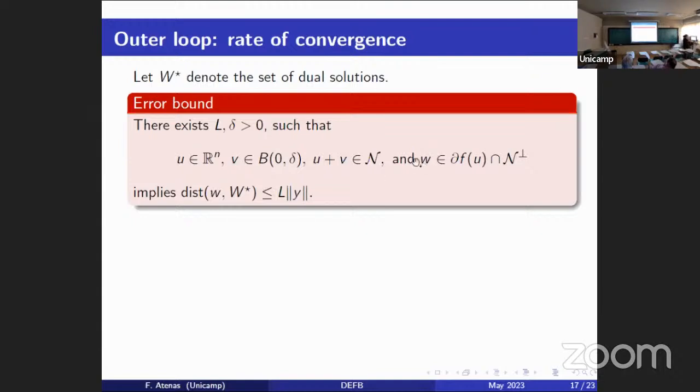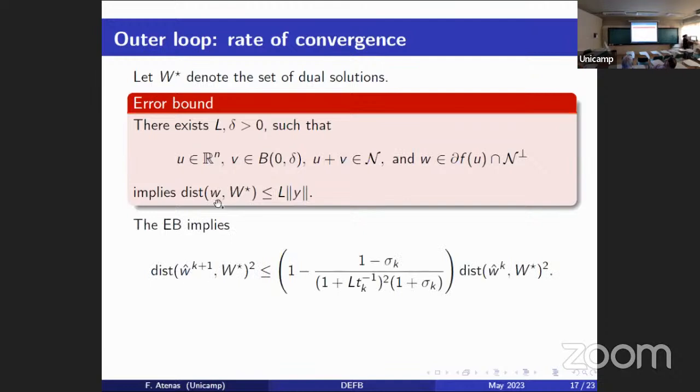Then we take some subgradient of F at that point, and the distance from that subgradient to the set of dual solutions can be bounded by a multiple of, well, here this should be U. So basically, we can measure the distance of the points that we generate to the set of solutions.